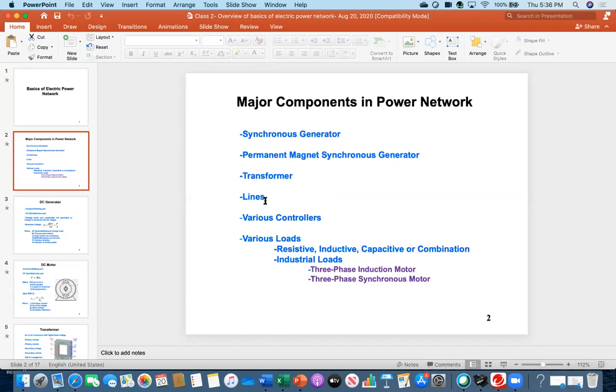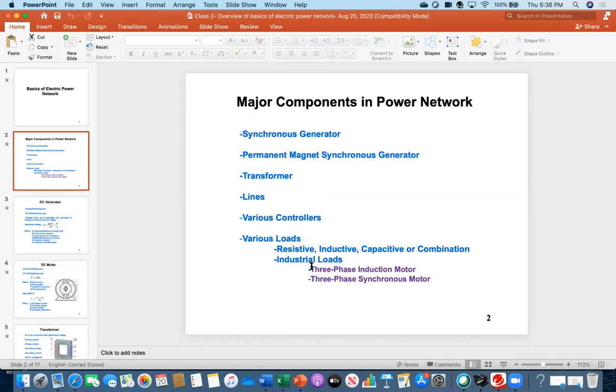And then there are lines, basically the three-phase transmission lines or three-phase distribution lines, and those lines have lots of resistance, inductance, and sometimes capacitance. And then there are various controllers like voltage regulators, transient stability improvement controllers, and other types of controllers. And then various loads, basically industrial load and residential load.